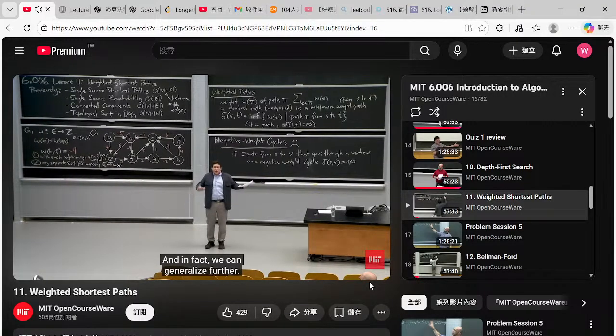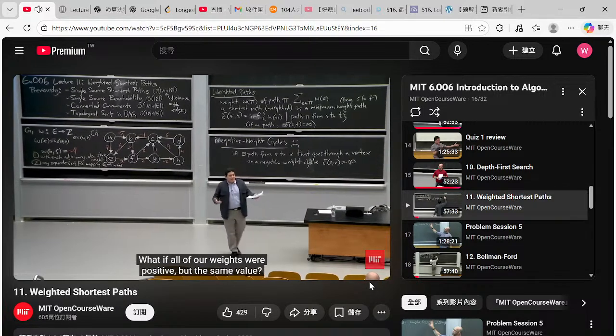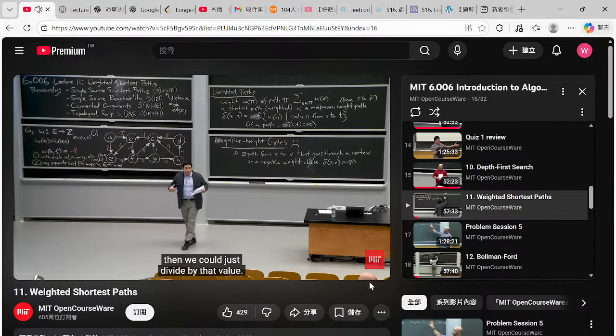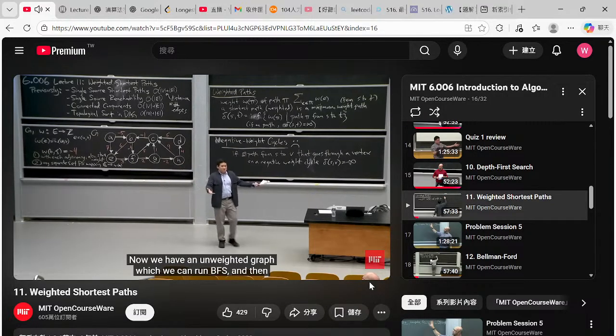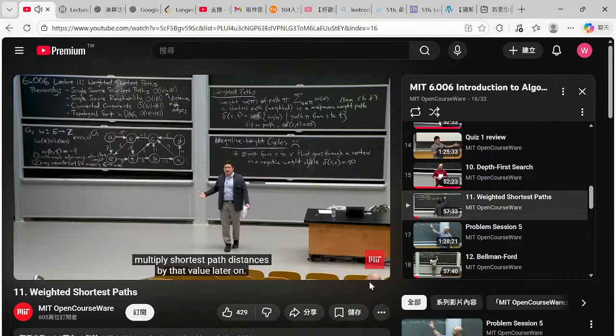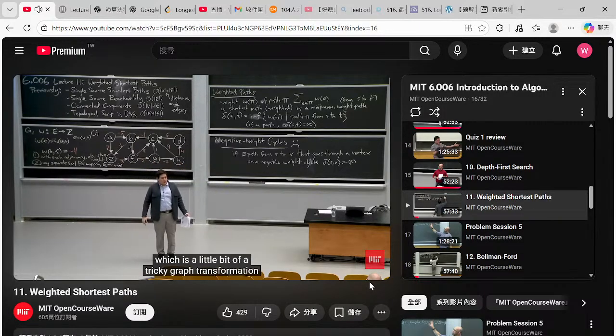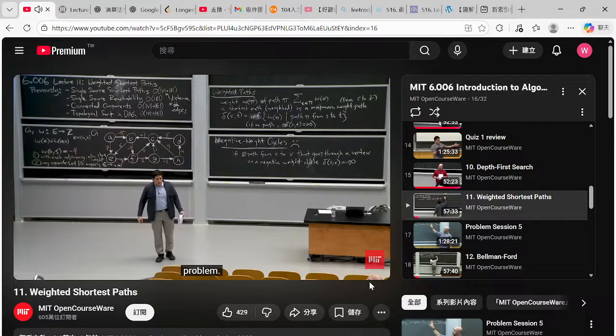And in fact, we can generalize further. What if all of our weights were positive, but the same value, right? If it was all positive and the same value, then we could just divide by that value. Now we have an unweighted graph, which we can run BFS on, and then multiply shortest path distances by that value later on. And in fact, there's one further generalization we could make, which is a little bit of a tricky graph transformation problem.